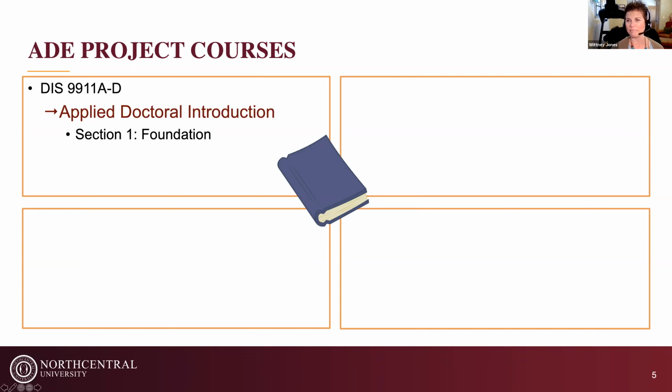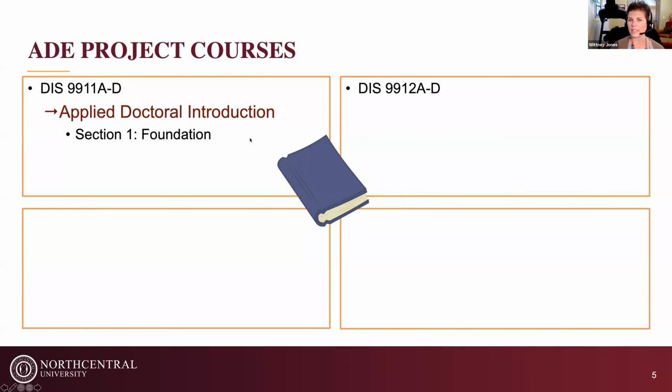That's our job. All right, so the first course is the Applied Doctoral Introduction, and this is section 1. It is the foundation. I'm not going to go into all the things that are a part of that, but you create section 1, which is the foundation of supporting your project.